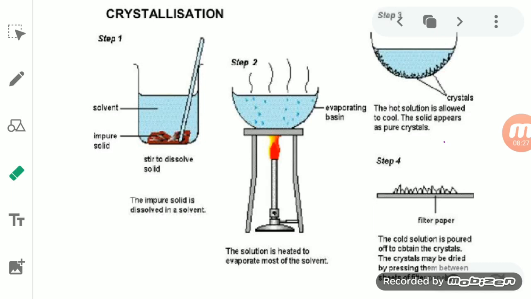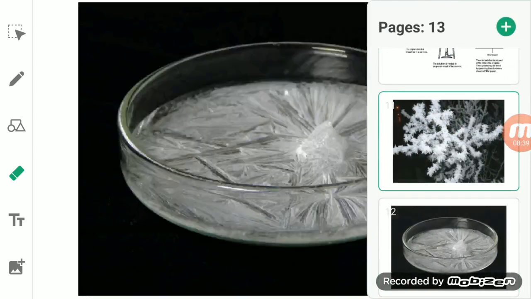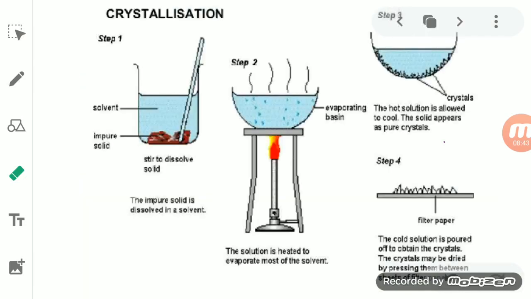Okay, so you can see here the procedure. What is the procedure of this crystallization process? You can see here the crystals forming in a solution when we do the process of crystallization. Now we will try to understand the procedure of obtaining a crystal.